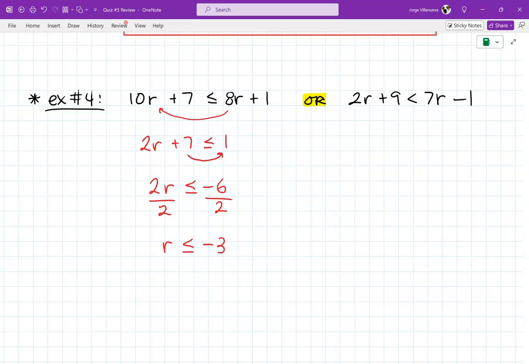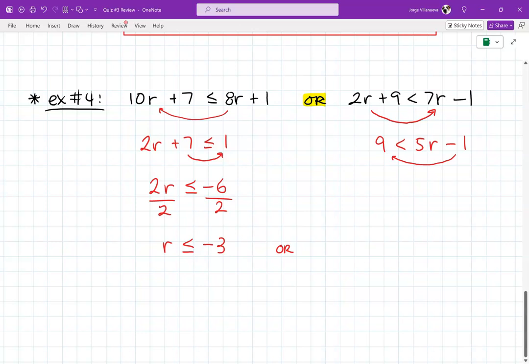So there's my answer for the first one. Okay? Now again, I'm going to write OR here because I know there has to be OR. It's important. So let's go to the other one. I'm going to move the 2R over to the right side. Okay? So 7R minus 2R, that's 5R. So it's 9 less than 5R minus 1. Okay? And then let me move the minus 1 over to the left. So I'm going to move that over.